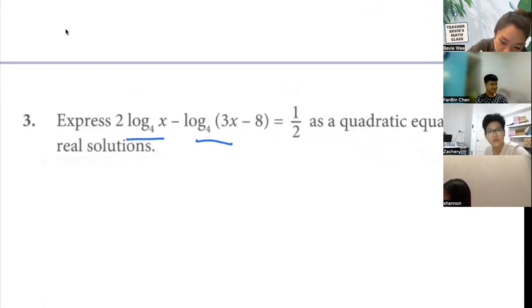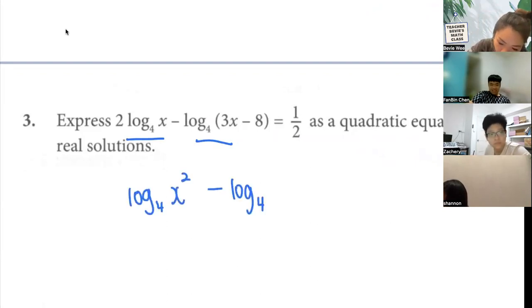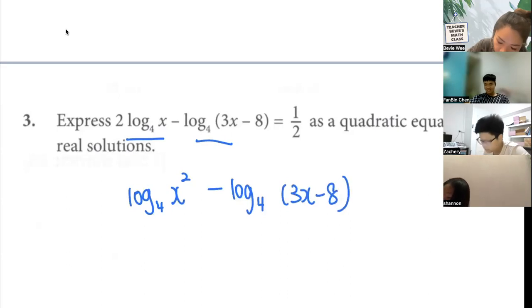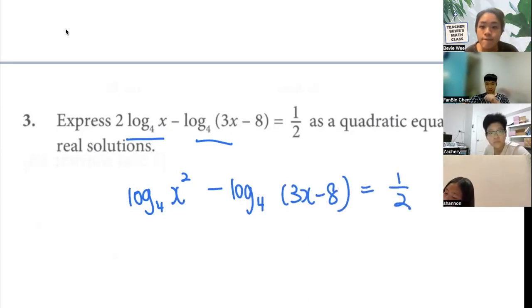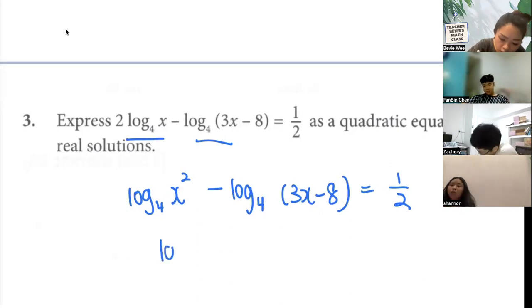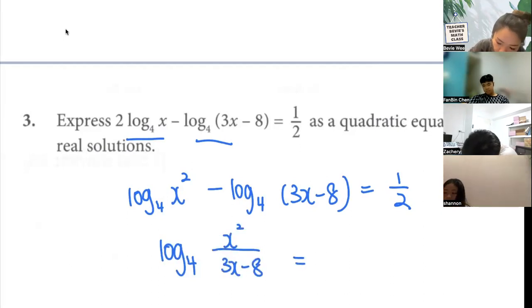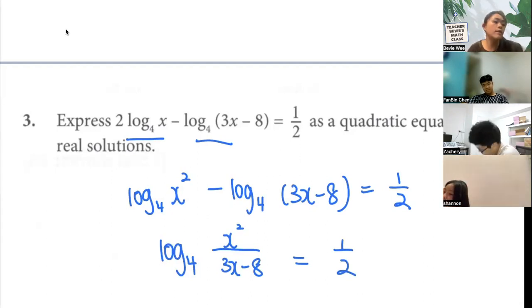Okay, so power law: log 4 x squared minus log 4 (3x minus 8) equals half. You get log 4 of x squared divided by 3x minus 8. Very good. So I get log 4 of x squared over 3x minus 8 equals half. From here, should I make the right-hand side base of log 4 also or not?